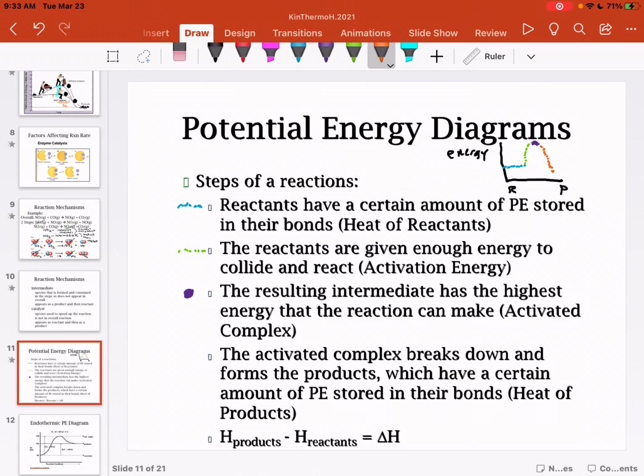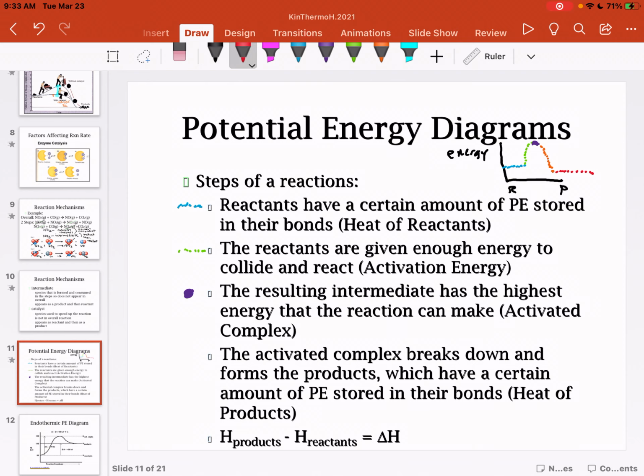So then our products can be right here. And so what do I know? As we said, our activated complex is going to break down, form the products, and this is when new bonds are formed, energy is released.